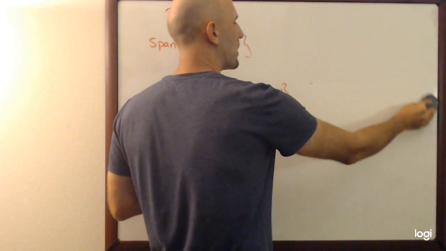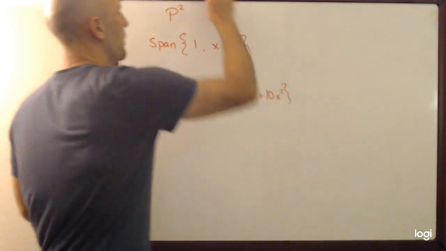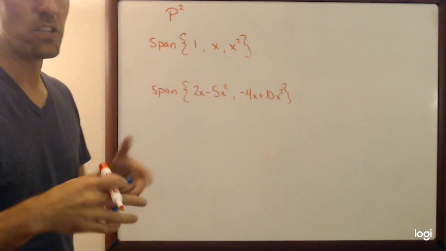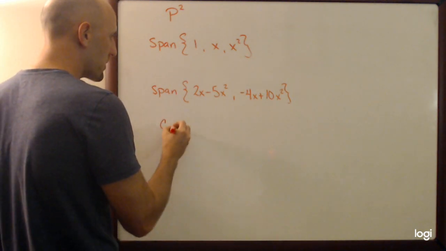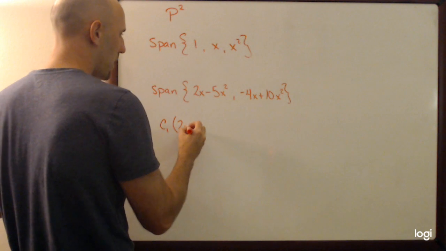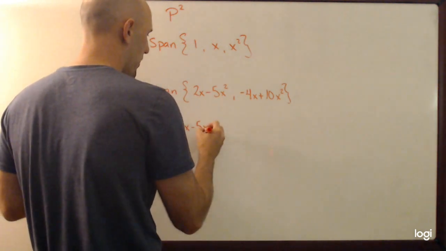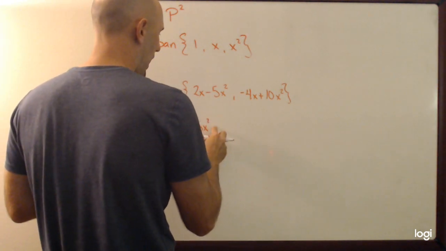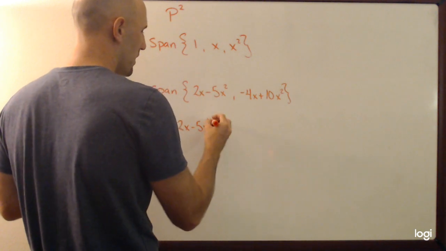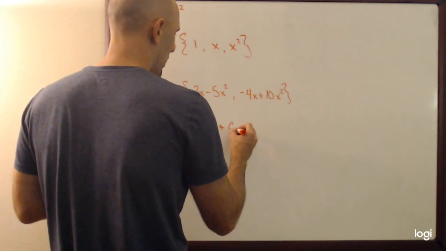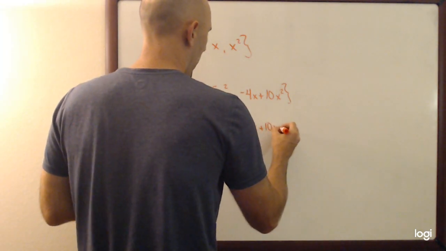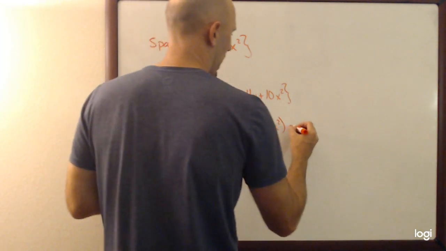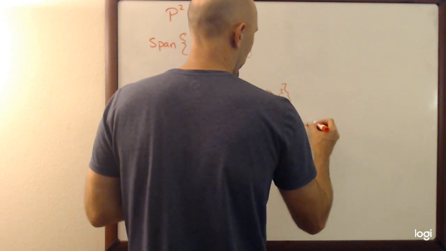Well, let's look at them under that sort of guise of independence and dependence. What if I took a constant, multiplied it times my first vector, and add to that a constant times my second vector? Now, again, the goal here is to create the 0 vector.